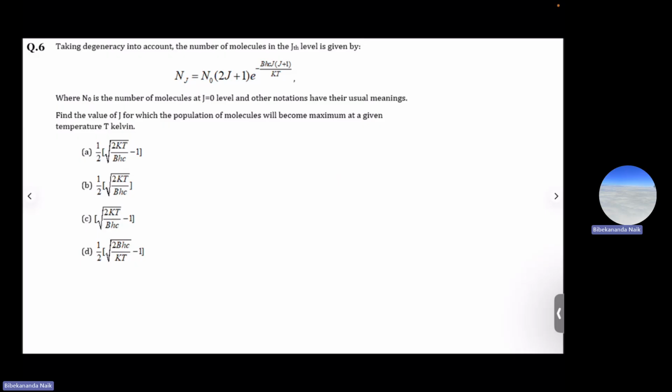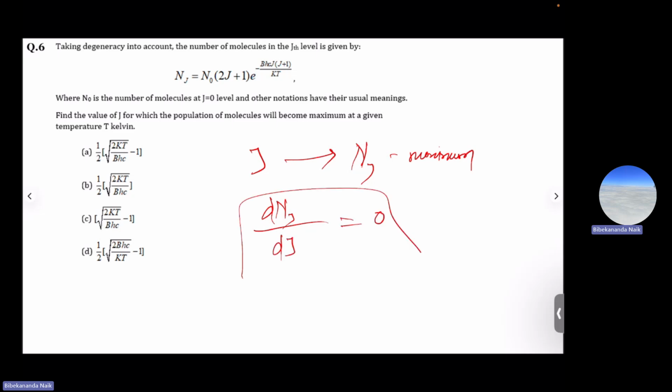These are the four options given, and we need to find the value of J for which nj will be maximum. So nj maximum means dnj by dJ equals 0, and when you equate it to 0 we can get the value of J. I'll give you a few minutes and then we will solve to find the correct option.